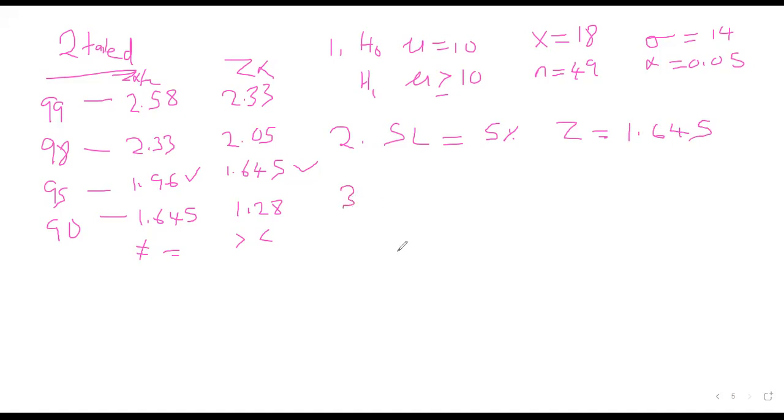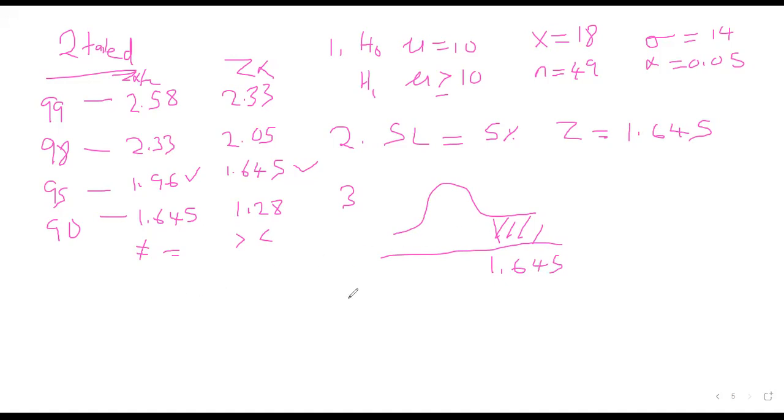Step three, this part here. We have 1.645 on the right side because the sign is greater. If it was the other sign, I'll use the other side.